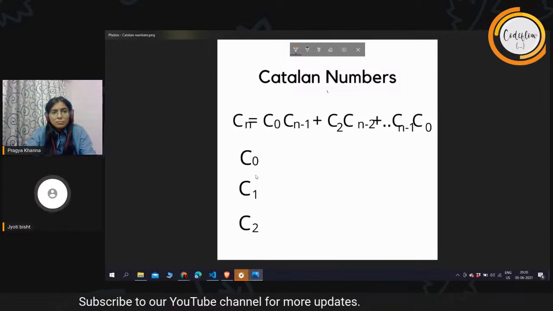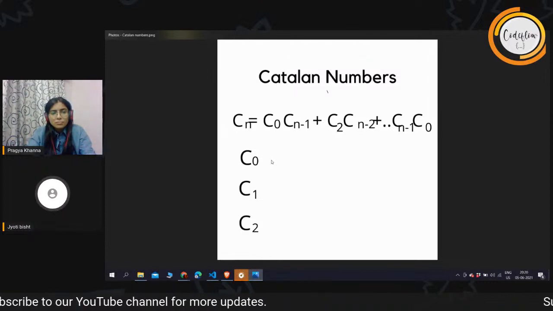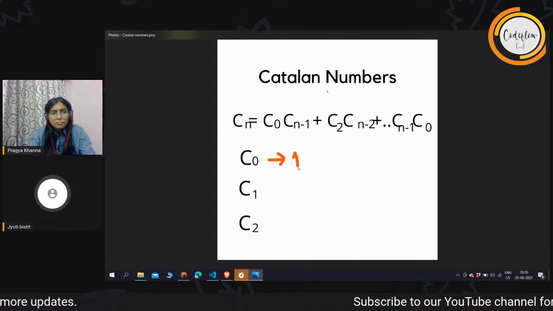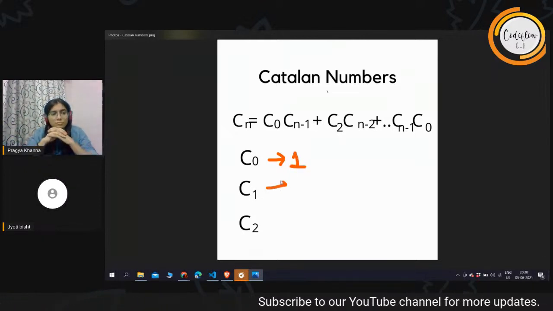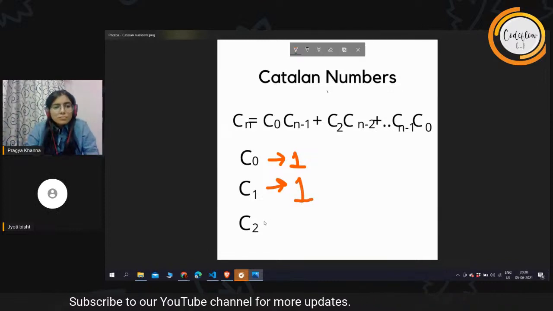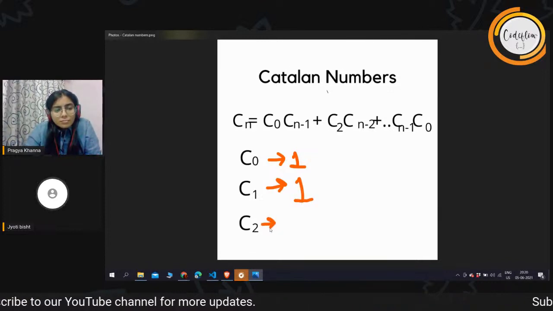If in any series I need the starting element, in Catalan numbers C of 0 is always 1 and C of 1 is 1. So can you find the Catalan number of 2?